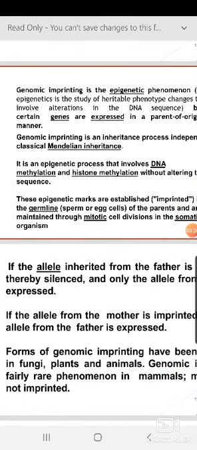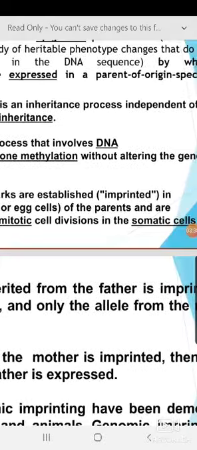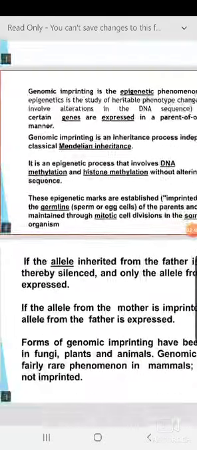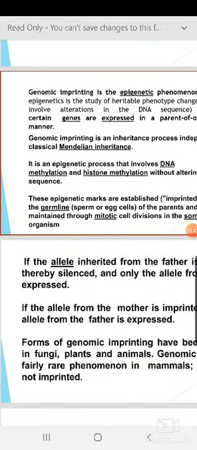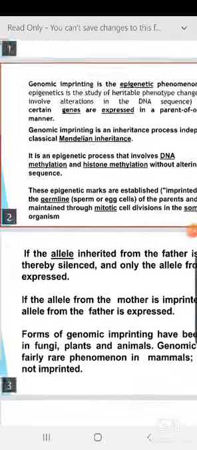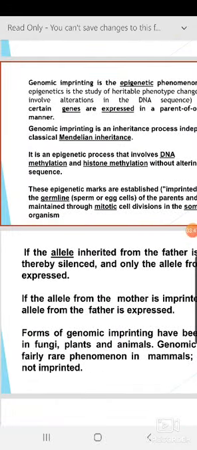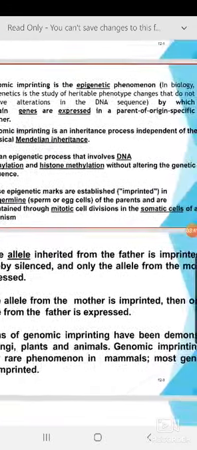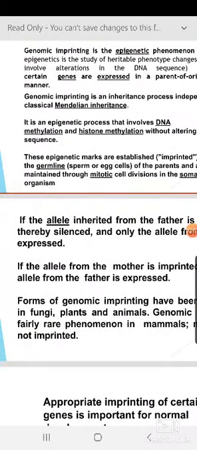These epigenetic marks are established, that is imprinted, in the germline, sperm or eggs of the parent, and are maintained through mitotic cell division in the somatic cells of an organism.